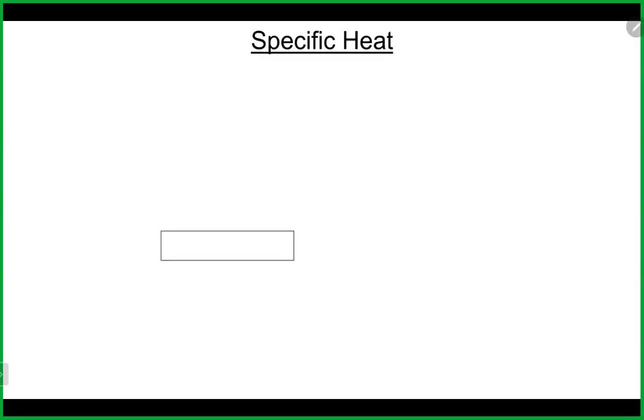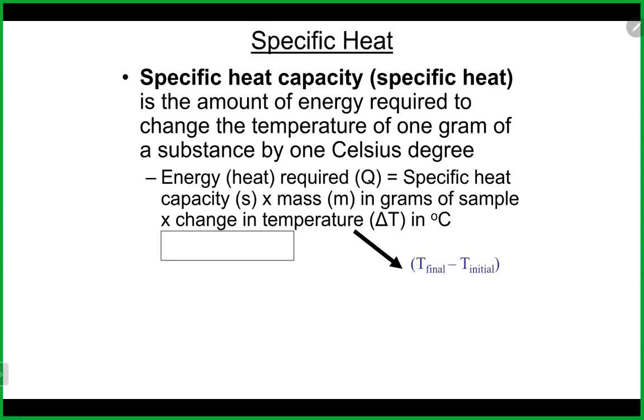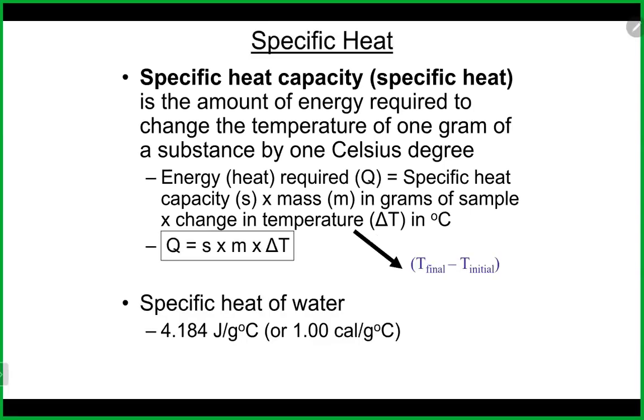So let's talk about another important way that we measure energy, and that is specific heat capacity. Once again, there's no negative here, that's just from PowerPoint. The specific heat capacity has a definition pretty similar to a calorie. It is the amount of energy required to raise 1 gram of a substance by 1 degree Celsius.